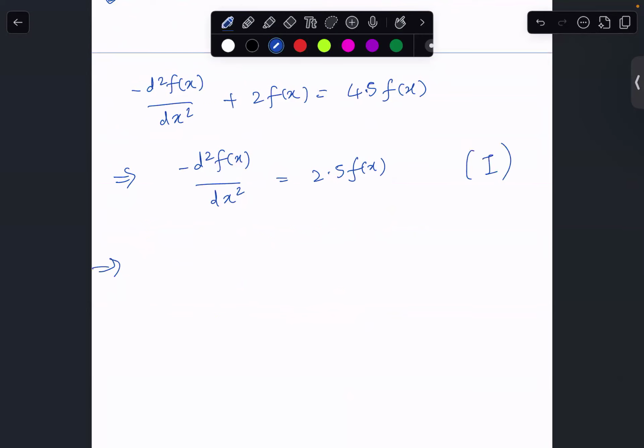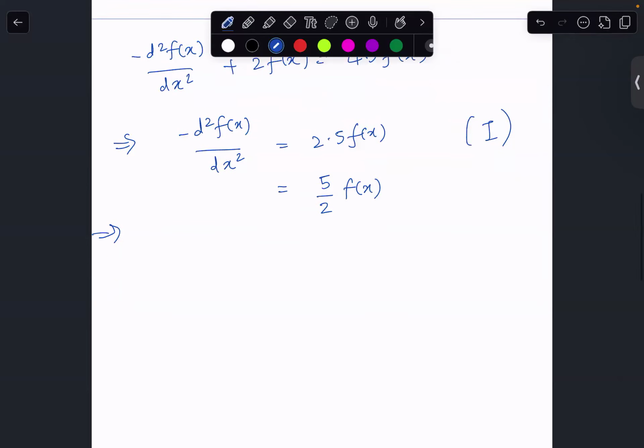The standard solution for this, as we discussed in class, let me just rewrite this a bit as 5 upon 2 f of x, just for simplicity. So our differential equation finally looks like this.